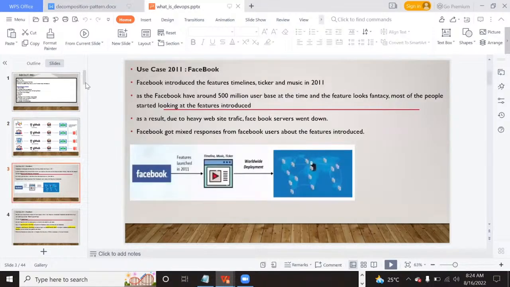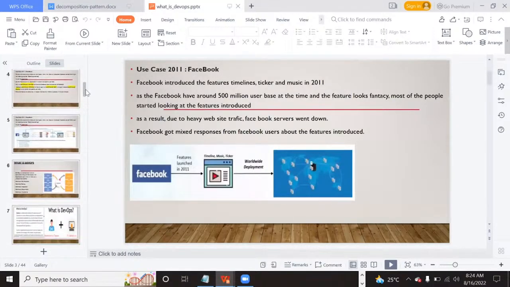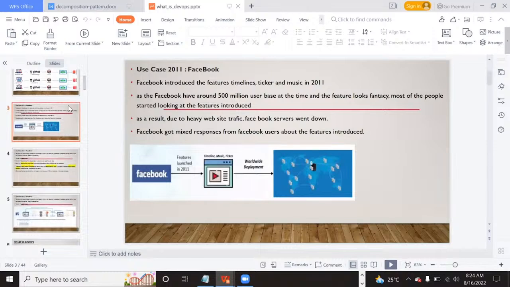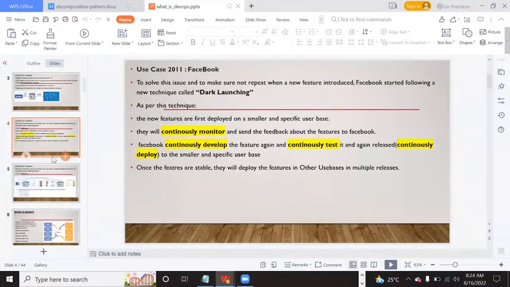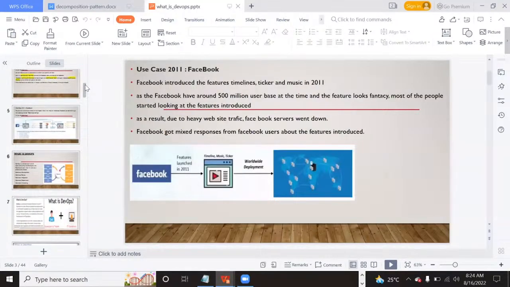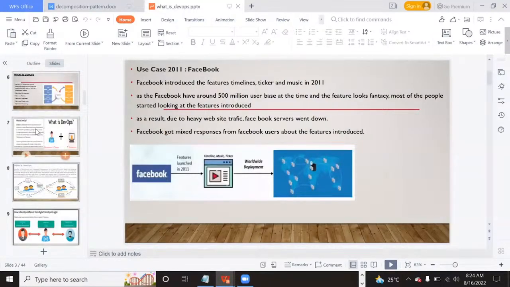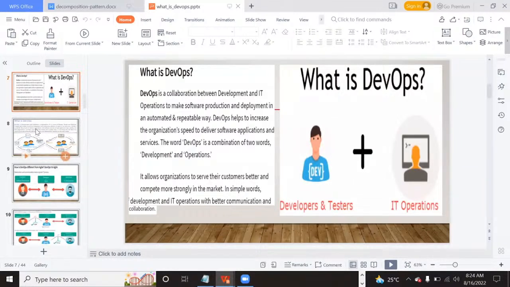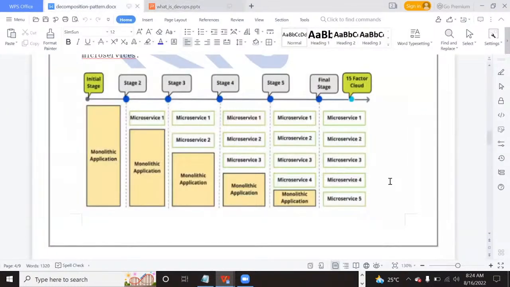Like what is this DevOps, and who will use this DevOps and all. Before we start, what is DevOps? Let us discuss some general things about DevOps.